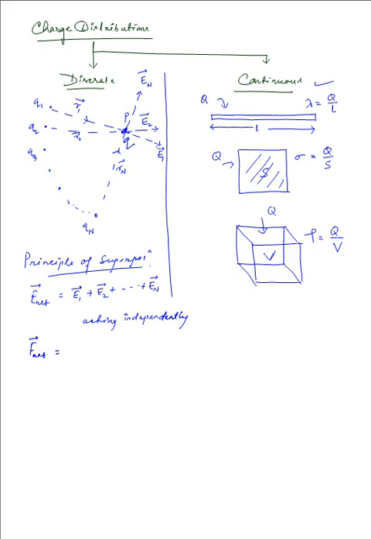So that is equal to Q times E net, because that is the net electric field. And if we use the expression for the net field, that is E1 plus E2 right up to En, then we use the distributive law, so we multiply the Q to each of those terms.